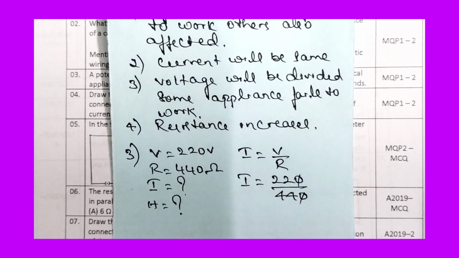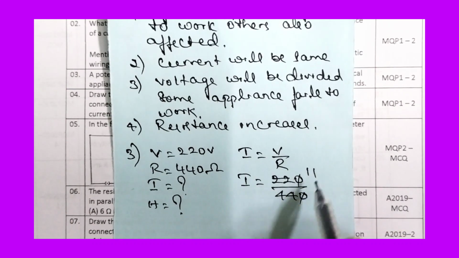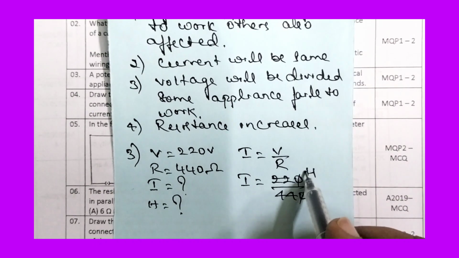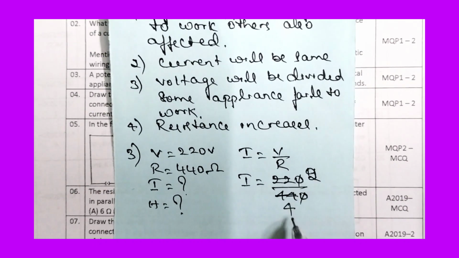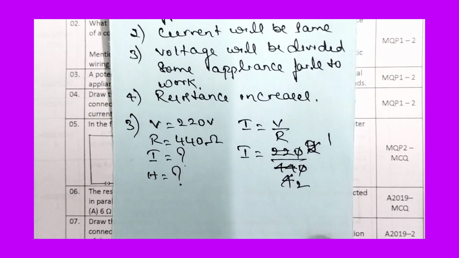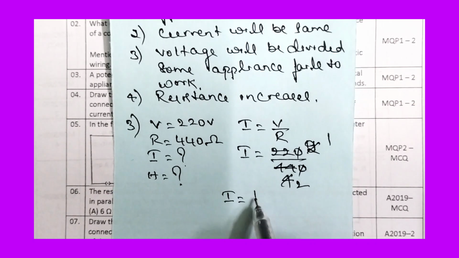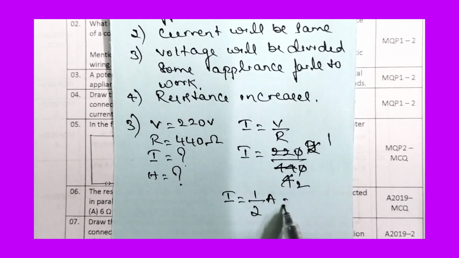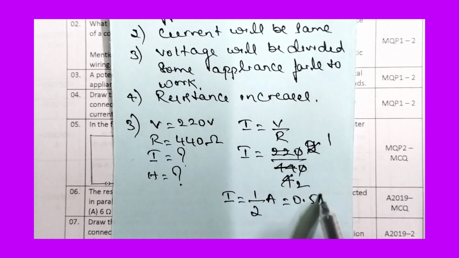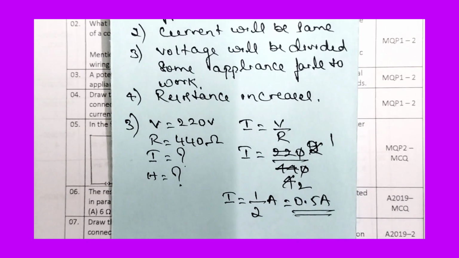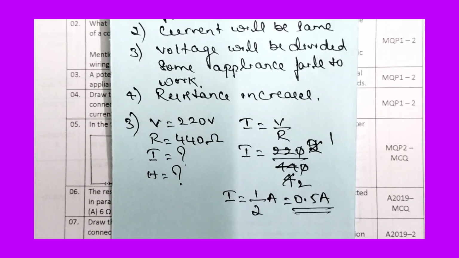The zeros cancel. So I is equal to 1 by 2 ampere, or 0.5 ampere. So the current that flows through the circuit is 0.5 ampere.